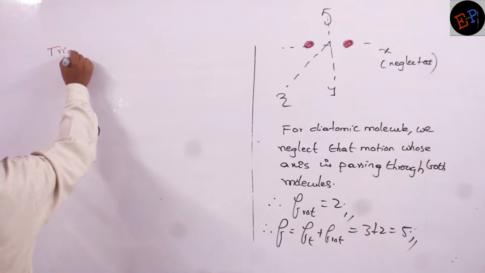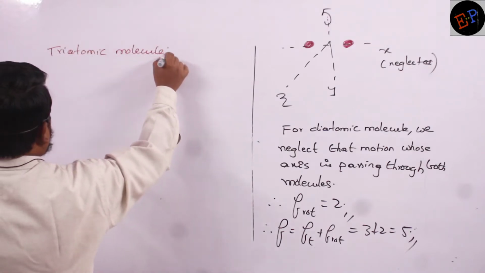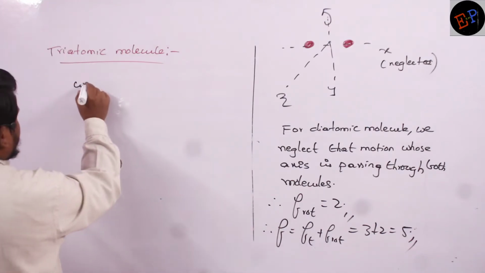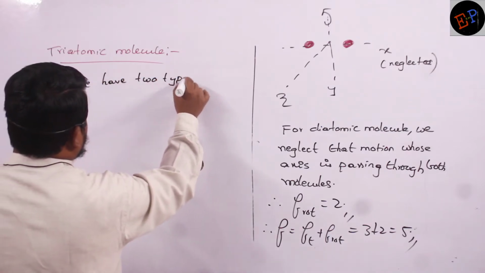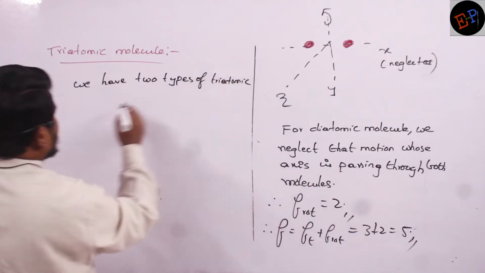So, triatomic molecule. So, what is meant by triatomic molecule? In triatomic also we have 2 types of molecules. We have 2 types of triatomic molecules. What are they?